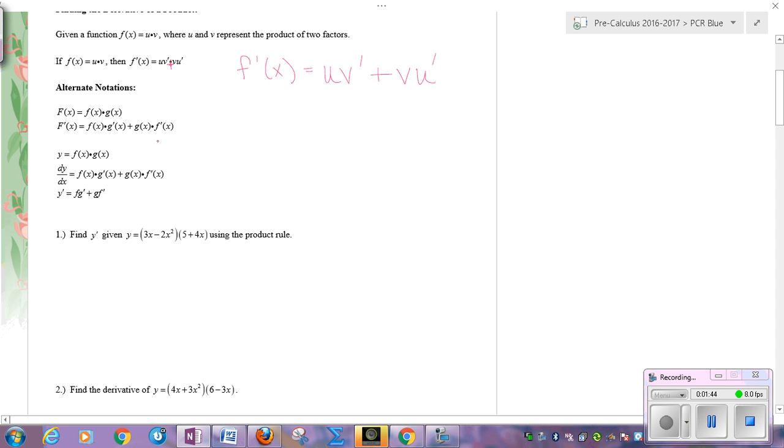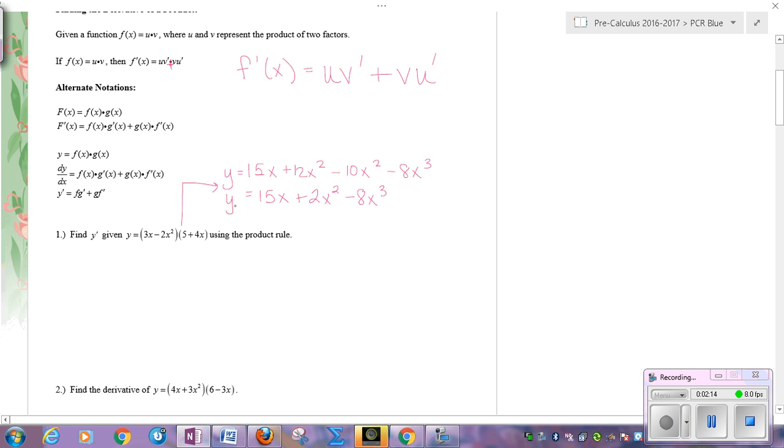If I was to multiply this all together, using good old-fashioned double distributing here, we'd get 15x plus 12x squared, and then minus 10x squared minus 8x cubed. And then that would turn into 15x, and then you have like terms here, so plus 2x squared and minus 8x cubed.